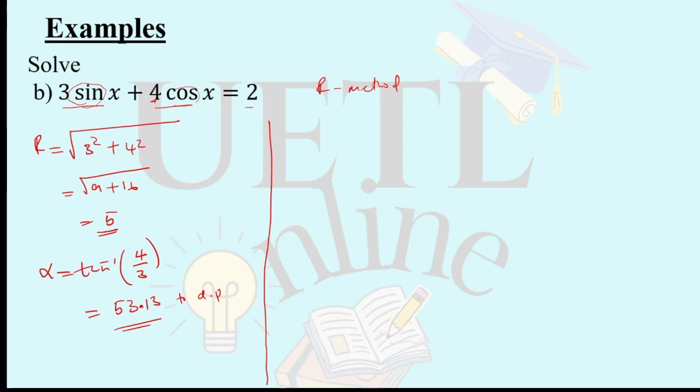So what you're going to do is write R sine of x plus alpha is equal to, in this case, our C is 2. So our R value is 5, and our alpha is 53.13, equal to 2. Now we say sine of x plus 53.